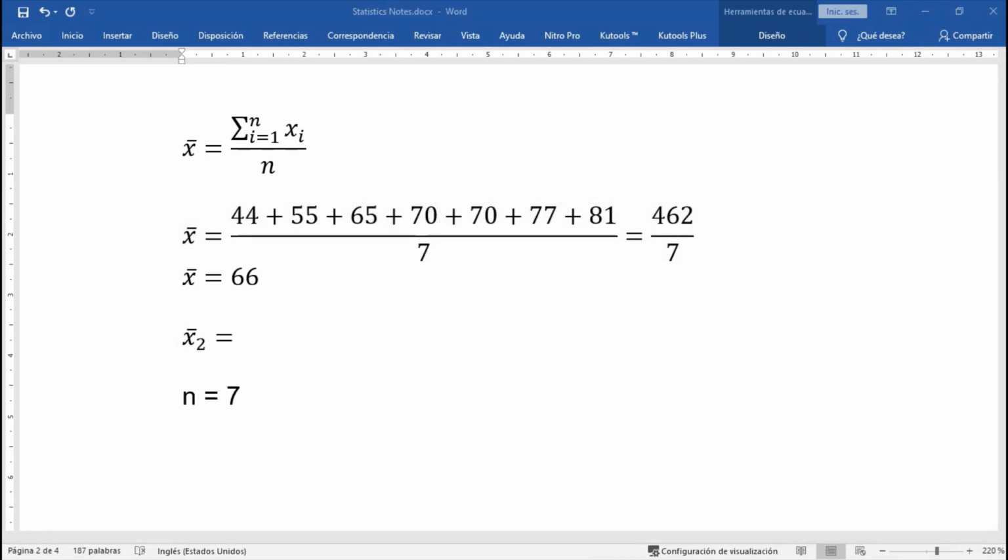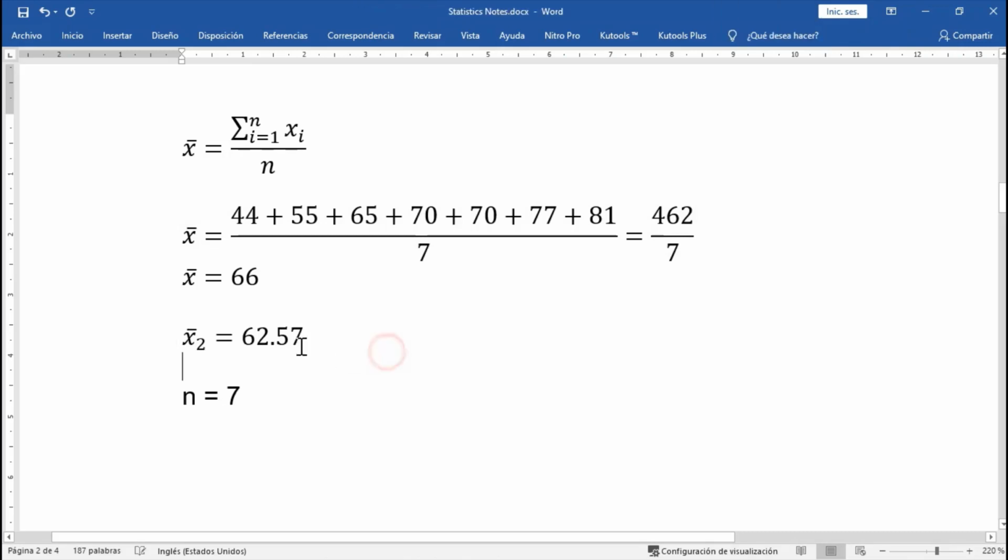You substitute the 44 and you utilize 20 instead of 44, right? If you do that, I'm going to make the calculation. 20 plus 55 plus 65 plus 70 plus 70 plus 77 plus 81 equals 438 divided by 7. Look, the value goes down to 62.57.